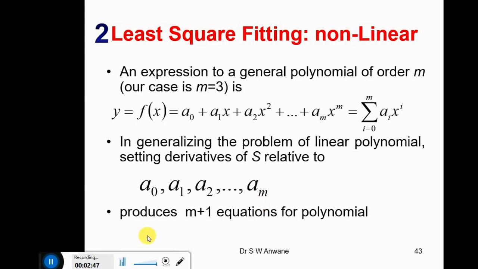If we consider a polynomial of degree 3, order 3, then we have to work out 4 constants, a0, a1, a2 and a3, and for that you need 4 equations. So in general, if the order of the polynomial is m, you produce m plus 1 equations, and you need to find m plus 1 constants, I mean coefficients.